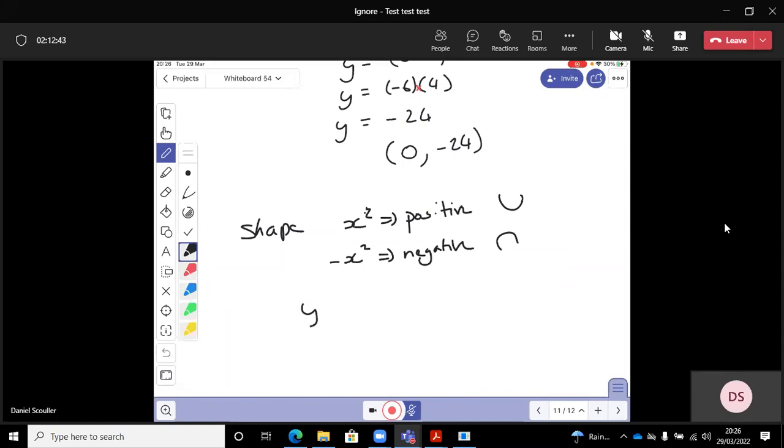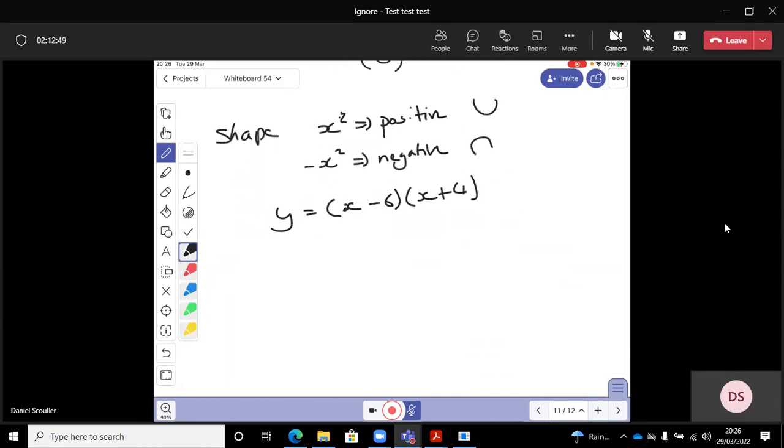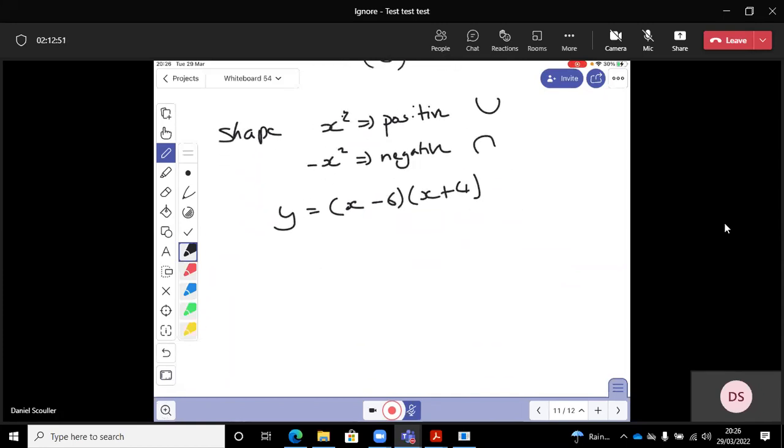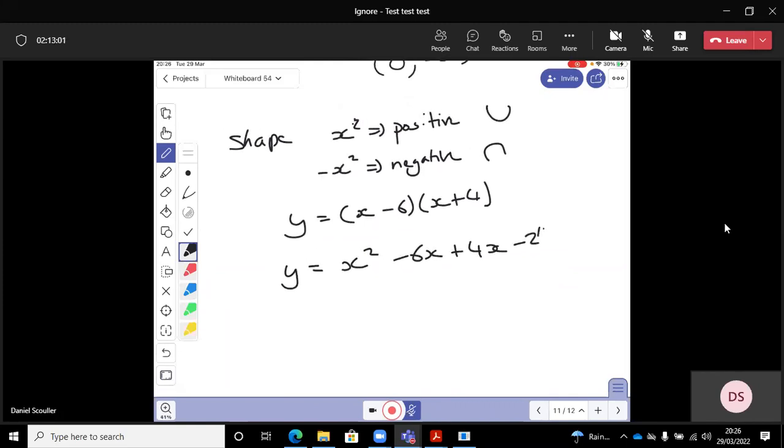So if we've got y equals (x minus 6)(x plus 4), if we were to break that bracket and get the x squared term, then we'd have x squared minus 6x plus 4x minus 24. All that doesn't matter, we're only interested in the x squared term.